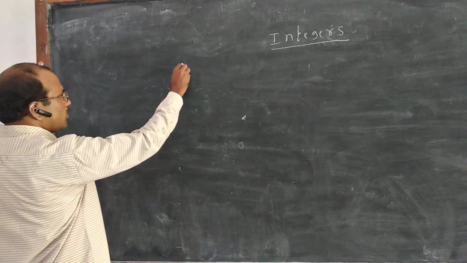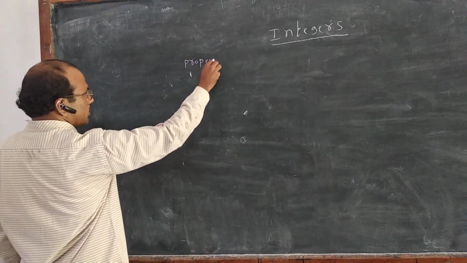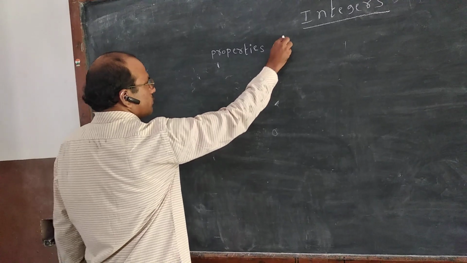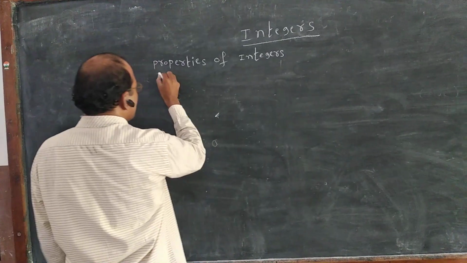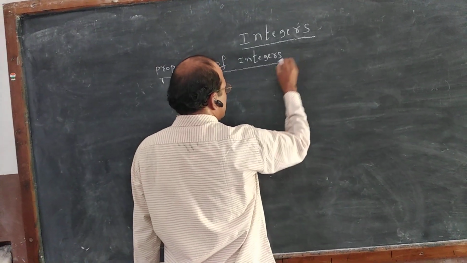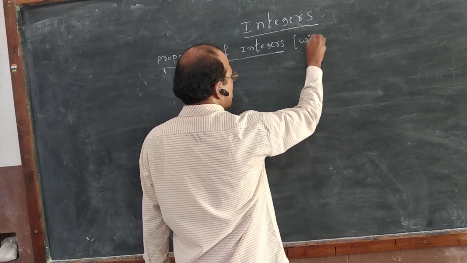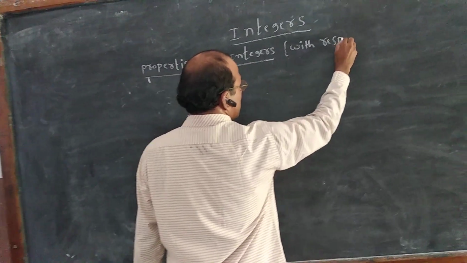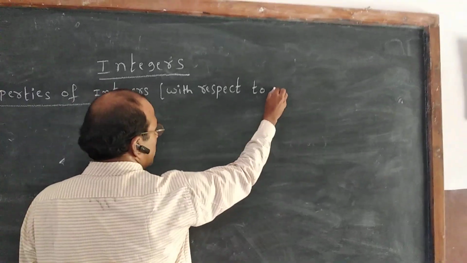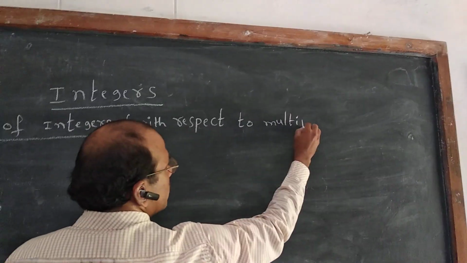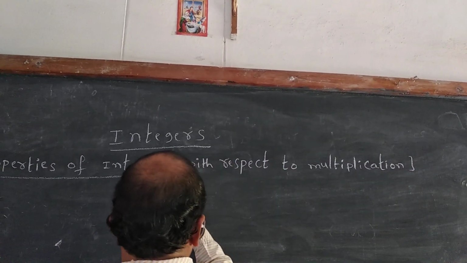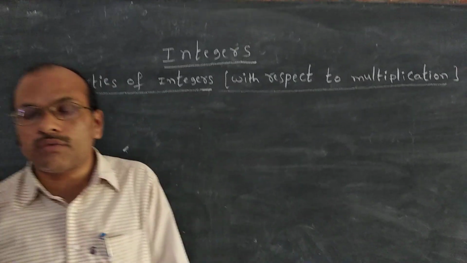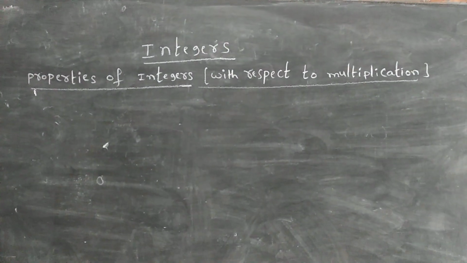Now, the first and foremost property of integers with respect to multiplication, so that is, we are going to do the operation with the multiplicative symbol, called multiplication.